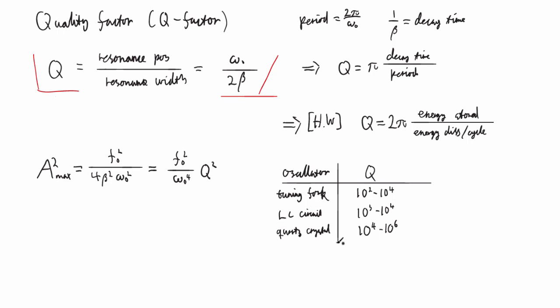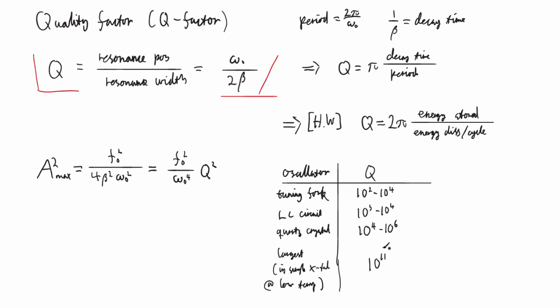The largest ever recorded would be in a single crystal at low temperature that people isolated as well as they possibly could from the environment. They actually measured Q factors of 10 to the 11. So that means that that oscillator rings 100 billion times before its amplitude is reduced by a factor of e.